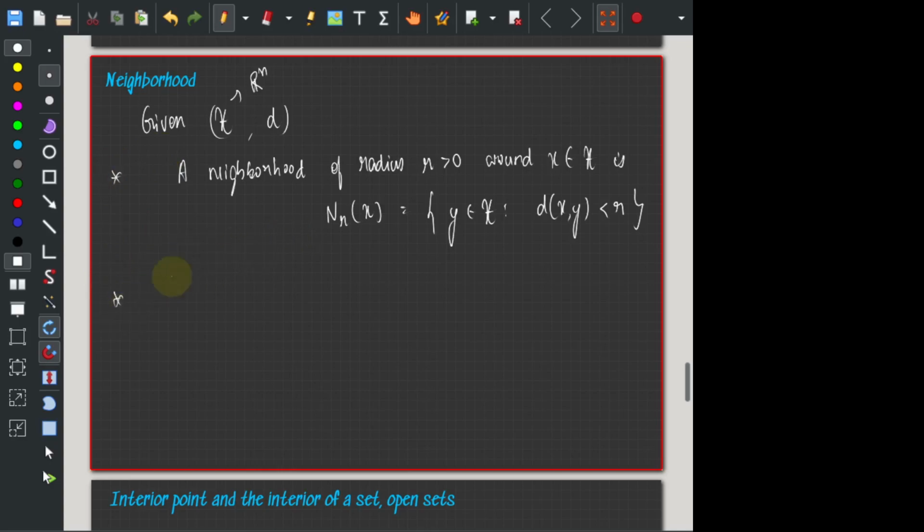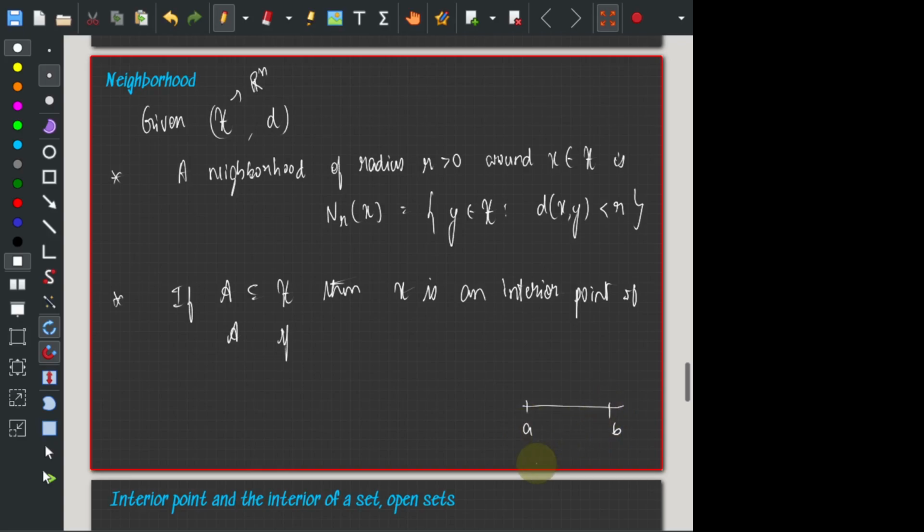Okay, so if I take a set A, a subset, then we say that X is an interior point of A if I can find some neighborhood around X which is completely contained within the set A. For example, think of an interval A to B. What we want to distinguish is between points in the boundary of this set and points which are completely contained inside the set.